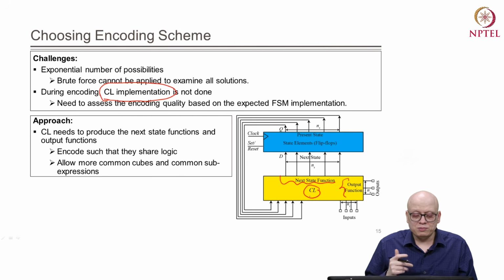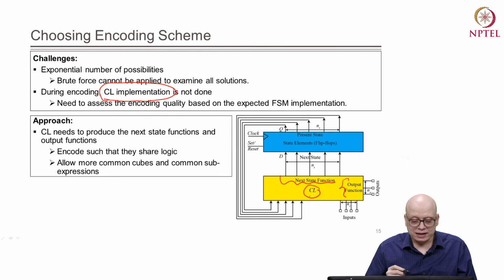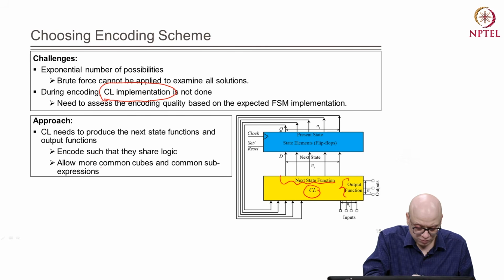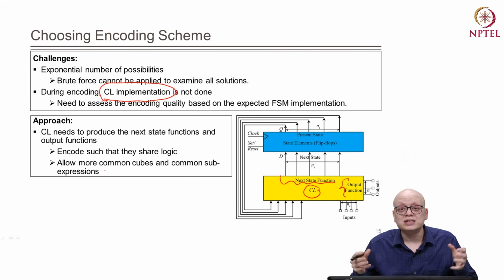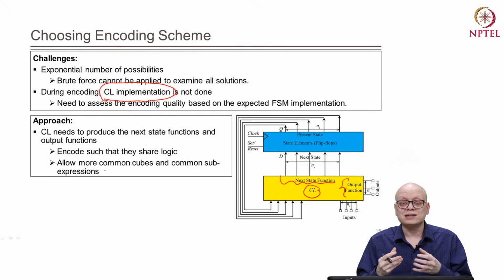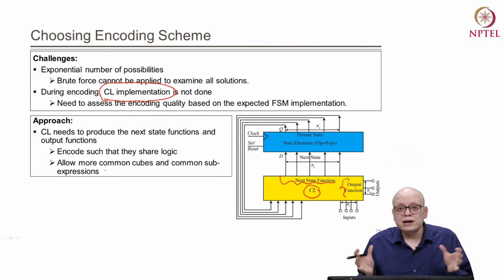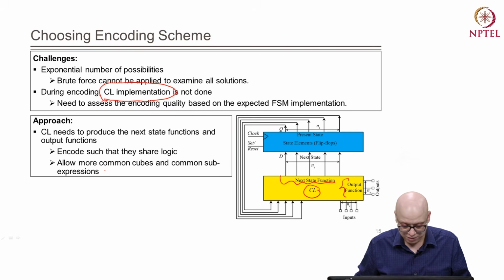And so, we should choose an encoding scheme that allows more common cubes and common sub-expressions sharing among the various logic elements. If we are able to do that successfully, then our encoding scheme will yield an FSM which is compact, or having a good figure of merit.